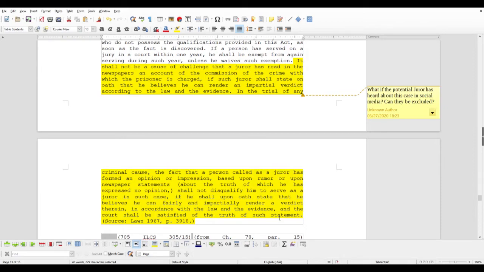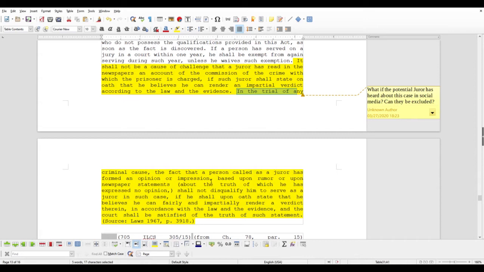Wow, that is incredible. That's a lot to take in right there, right? Because basically, and I'm going to read this again just to make sure that I understand it right. In the trial of any criminal cause, the fact that a person called as a juror has formed an opinion or impression. Wow. First, I'm just going to say this.